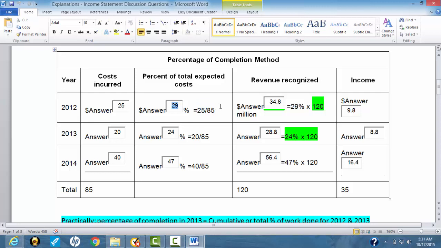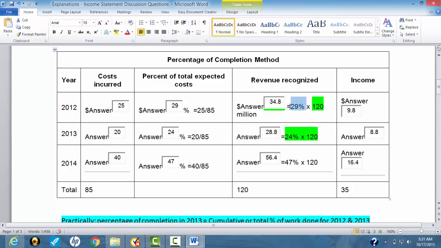So we can determine the revenues to recognize. That will be 29% of the total revenues, 120. 120 million represents 100% completion, the revenues for 100% completion.